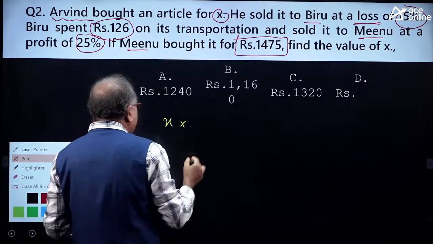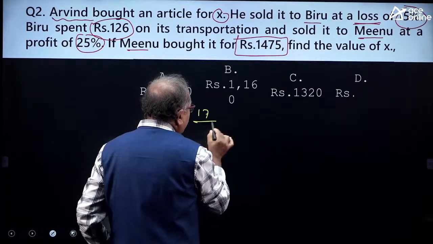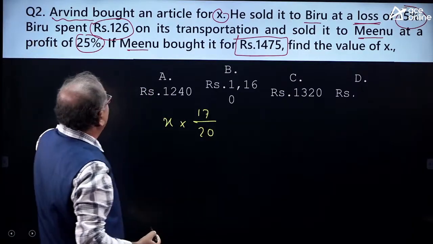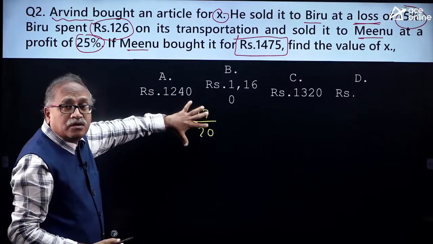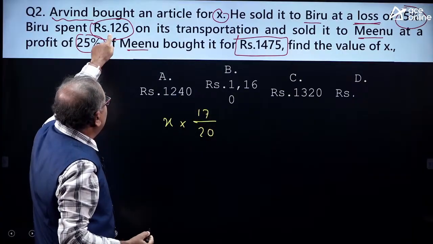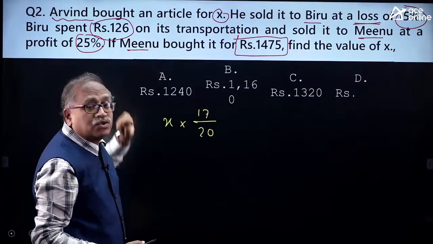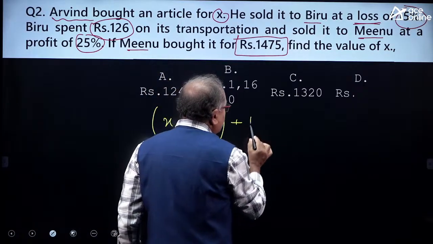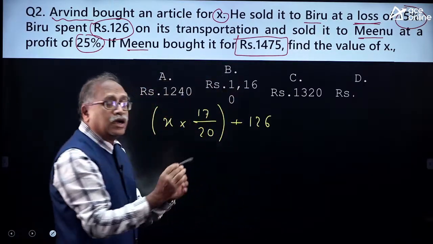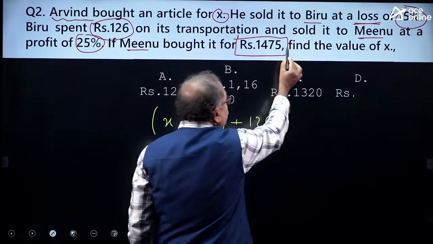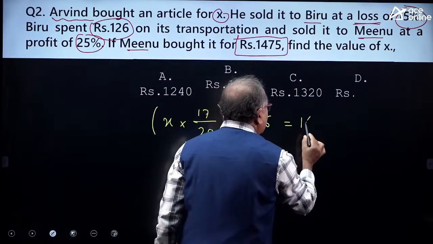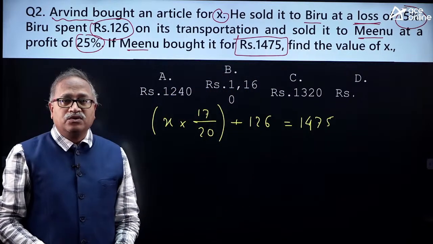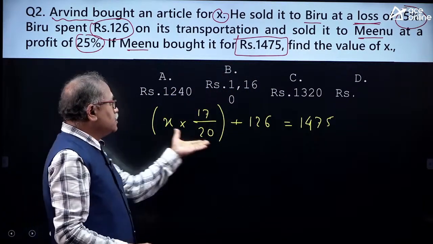So it is sold at 17 by 20 of x to Biru. That is Biru's cost price, and Biru has added 126 rupees for transportation. So this plus transportation 126, and sold it to Meenu for 1475. So this is the equation we need to place, and then only I will get the x value over here.